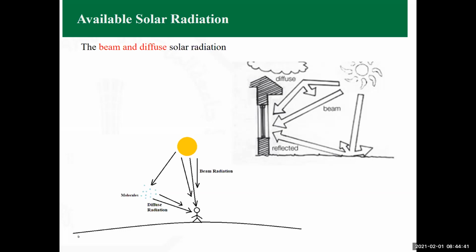We need to see what this combination is and how it can be measured. Because at the end, you have a surface on the ground and you need to see how much is the total thermal radiation falling on that surface. It's not all beam radiation. This is why you are interested in the diffuse radiation. I hope I answered your question.